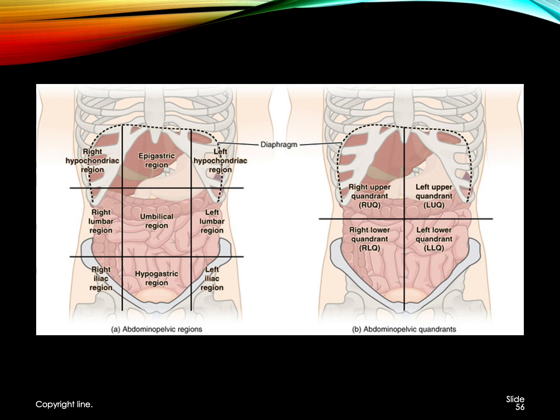And it's important for us to know what structures are located in each of those quadrants. Now, to break it down even further, we have our 9 regions that are on the left of your slide, and those 9 regions, starting with smack in the middle, is the umbilical region.